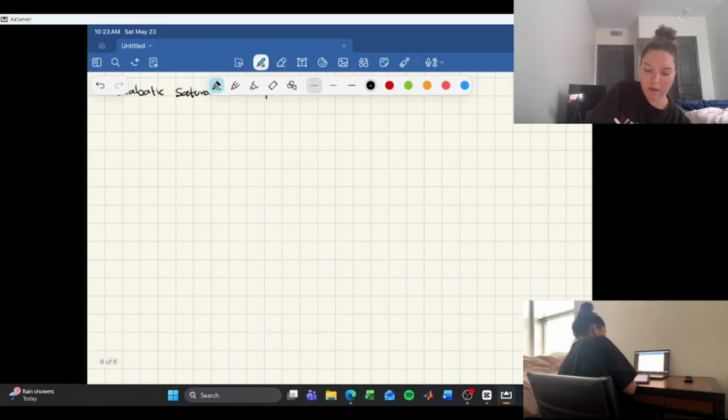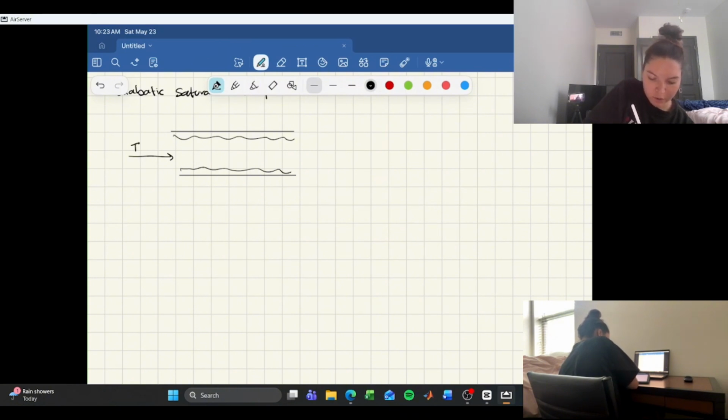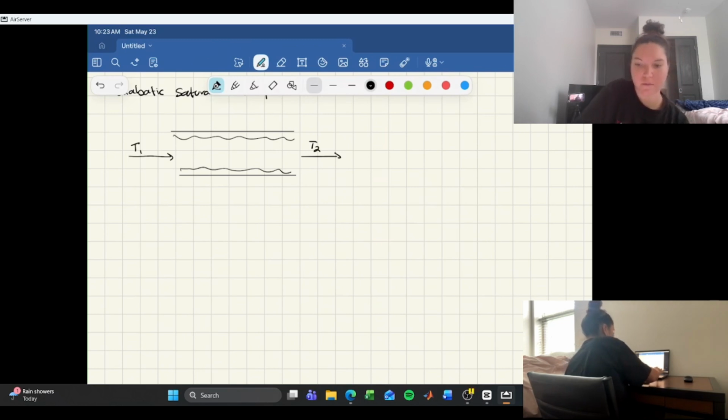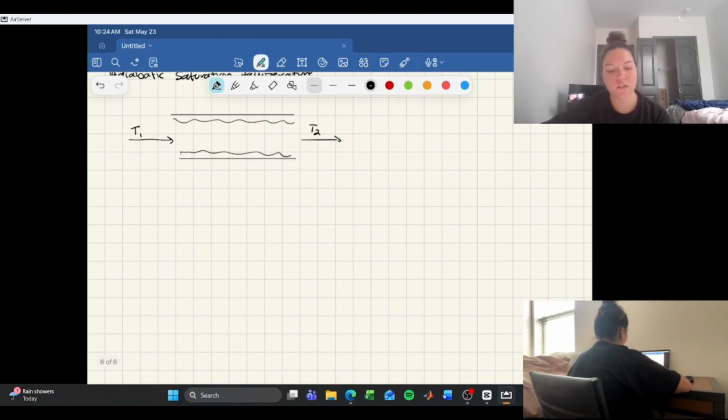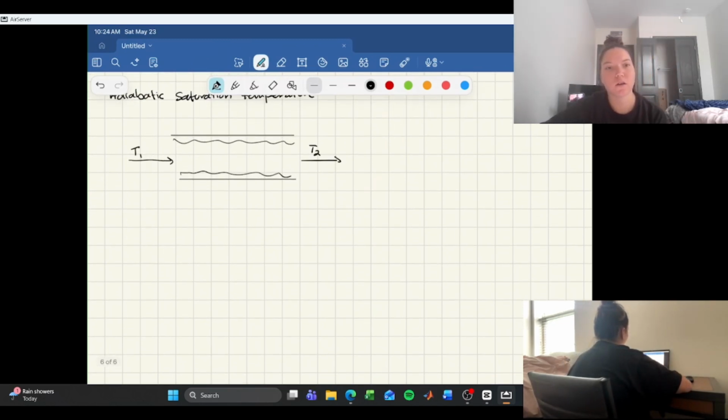So for this, we're going to have a pipe, and then we're going to have water around the pipe. And then here we have air flowing through. So this is T1 and T2. And for this, we're just saying it's T1 and T2 because we said it's adiabatic. So the temperature of the water and the temperature of the air are going to be the same. So that's just T1 and T2.